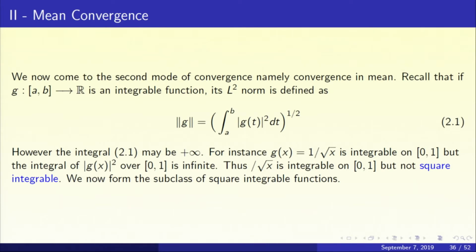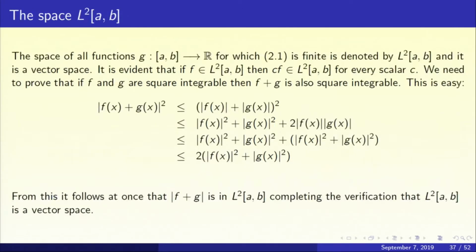So we must now cut down the class of integrable functions to a subclass. Let's look at this subclass, the space L2 of [a, b]. The space of all functions for which the integral 2.1 is finite is denoted by L2 of [a, b], and it is a vector space.